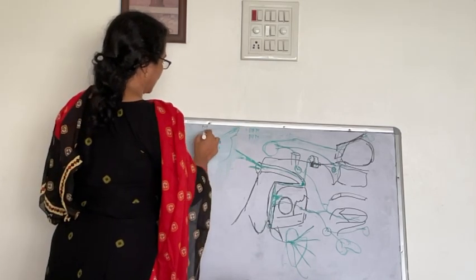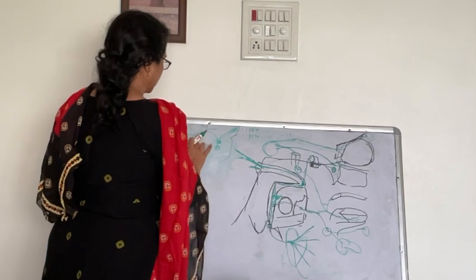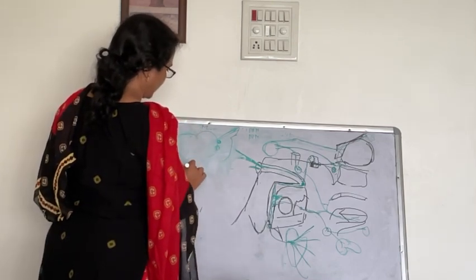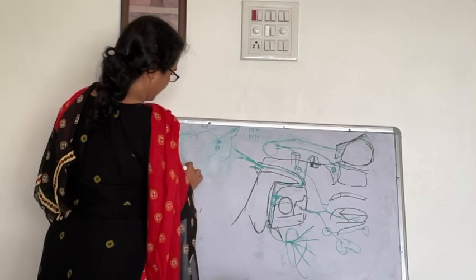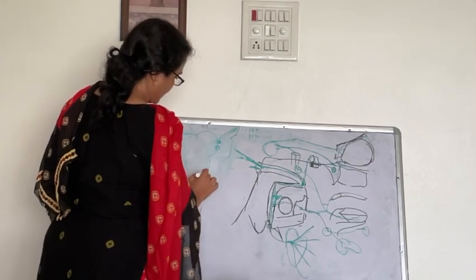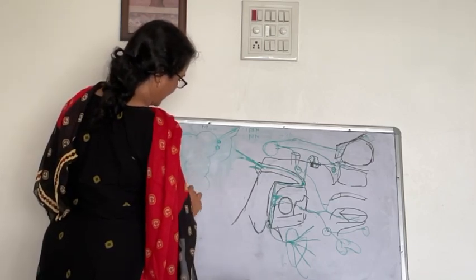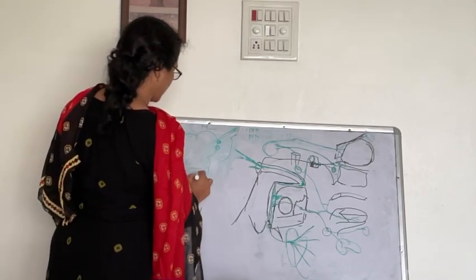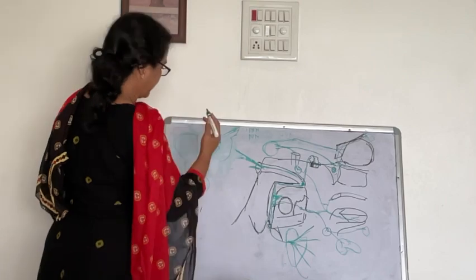So if you draw a diagram, these are the cerebral hemispheres. Okay, then here you can see the midbrain, then the pons and medulla oblongata. Okay, so here is the presence of the facial nerve nuclei. This is the median plane.